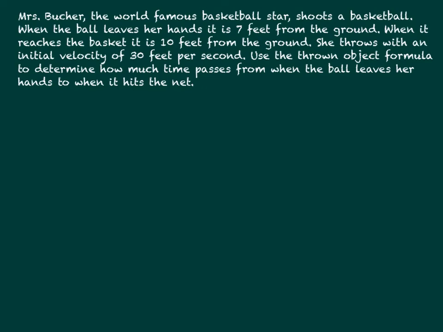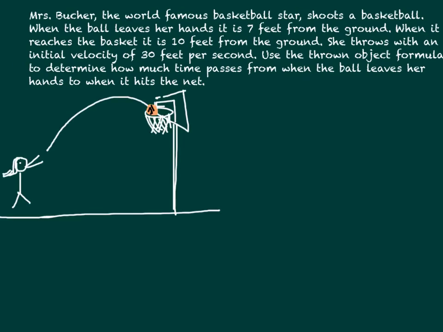Use the thrown object formula to determine how much time passes from when the ball leaves her hands to when it hits the net. So I'm going to draw a picture of this. Right here, that's 7 feet, and right here, that's 10 feet.